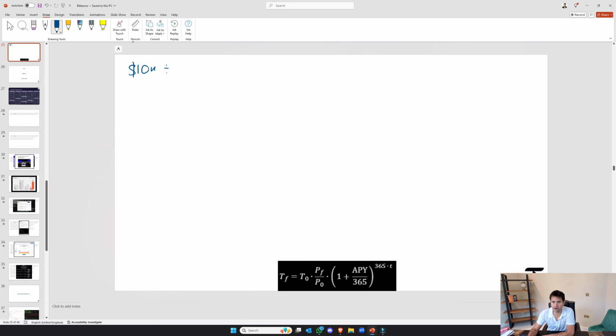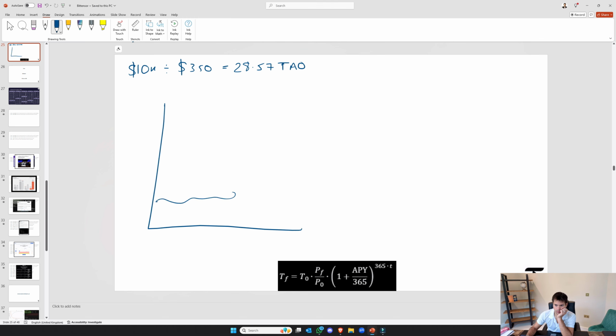The price of TAO right now is 350, so $10,000 divided by 350, you get 28.57 TAO, rounding for ease. And let's just say you went in on a subnet, and the price is 0.02 TAO, because all the subnets are priced in TAO. So what this means is that you have 28.57 divided by 0.02.